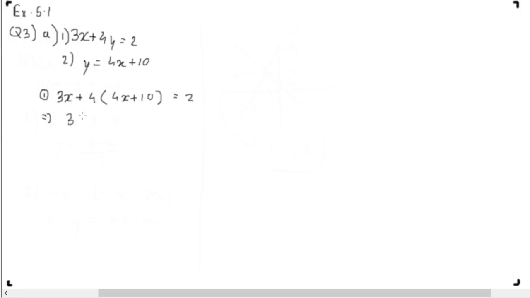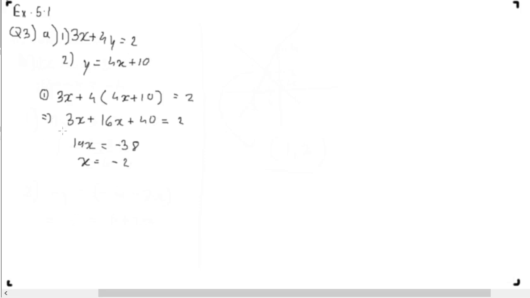Here we can just expand it. So 3x plus 16x plus 40 is equal to 2. So this is 19x is equal to minus 38. Then x is equal to minus 2, right?